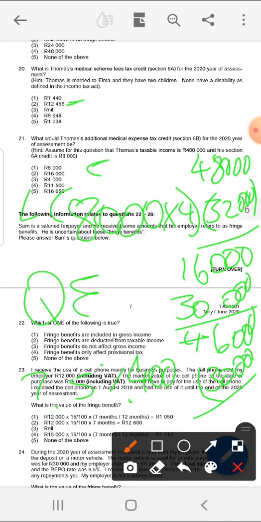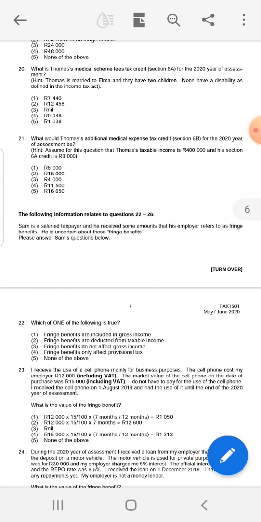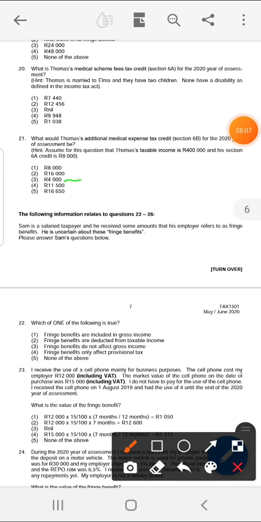Then 46,000 less 30,000 will give you 16,000. 16,000 multiplied by 25%. This is the amount that we will include as our additional medical aid tax credit, which will be 4,000. So our correct answer there will be option 2. Option 3, 4,000. Sorry guys. Our correct answer will be option 3.